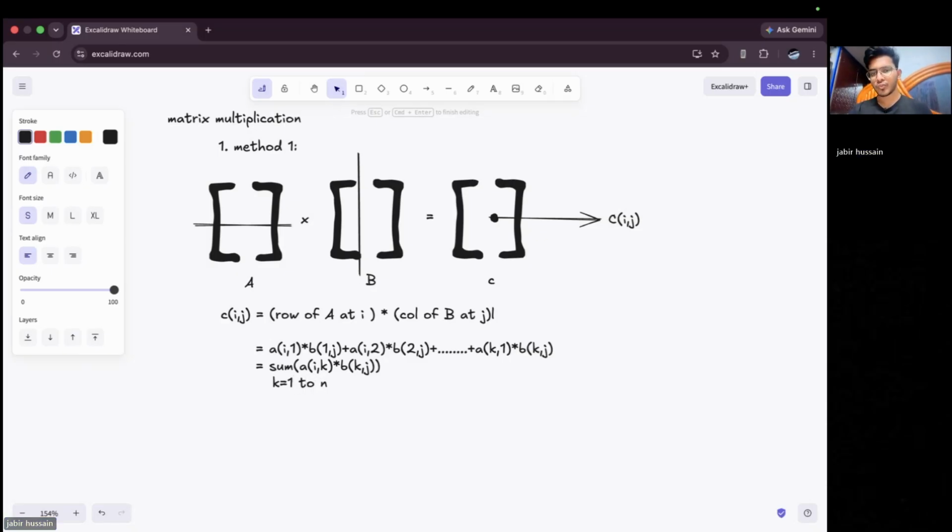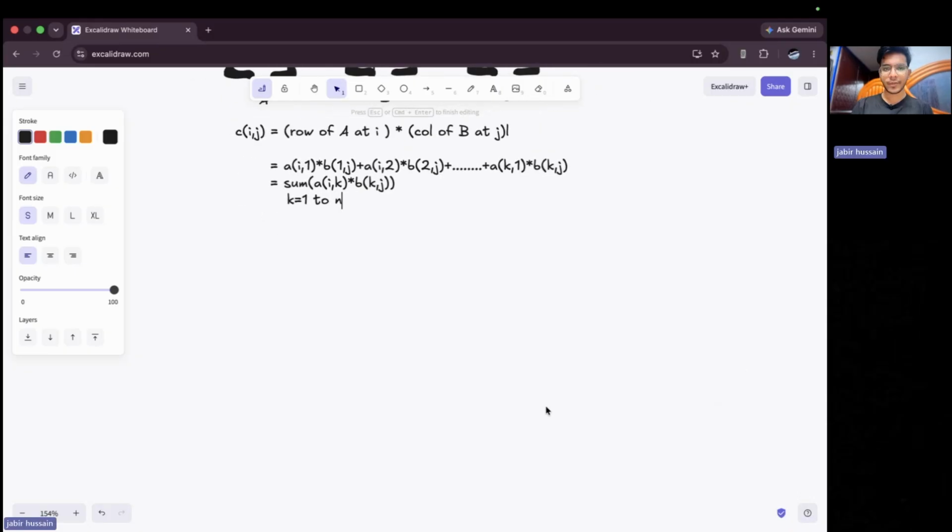So this is one methodology of looking at matrix multiplication in the form of dot product. You take the row vector and the column vector, multiply them, and you get the answer for a particular position of an element. This is one methodology. I hope we are clear.